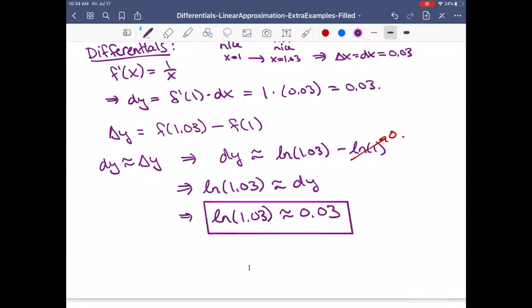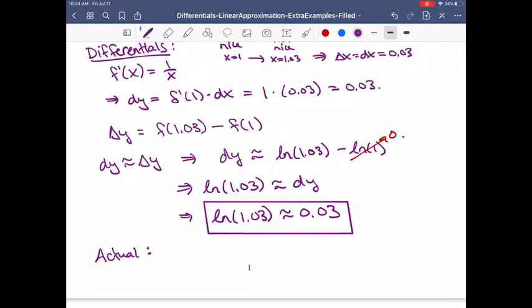Okay, now if we wanted the actual value, so if we compute ln of, oh sorry, 1.03. I was wondering what was going on there.